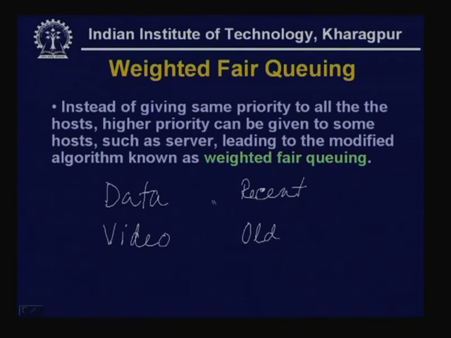So, some weights can be assigned based on the application so that the packet discarding policy can be formed, and this may lead to weighted fair queuing. Some weightage is given to different packets based on different applications.